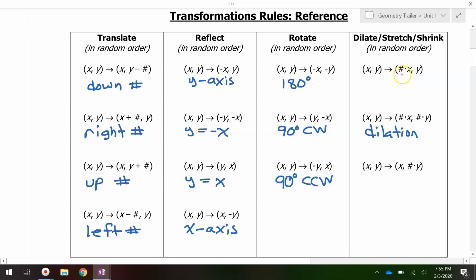If you're only multiplying the x value, that's going to be a horizontal stretch or shrink, depending on whether or not the number is bigger than 1 or less than 1. But multiplying the x is a horizontal change. Multiplying the y value, that is a vertical change. So this is going to be a vertical stretch or shrink.